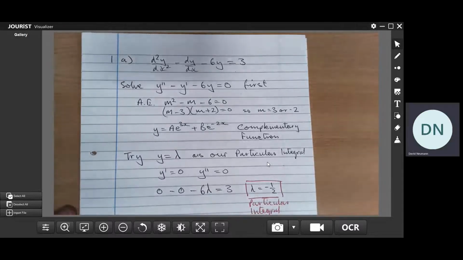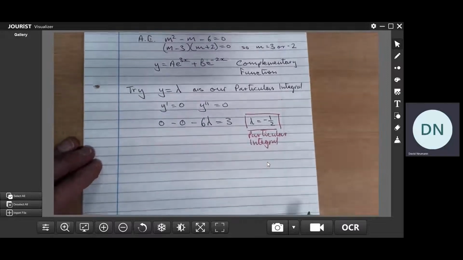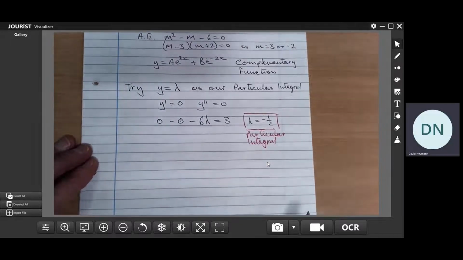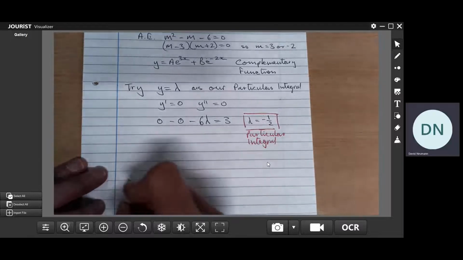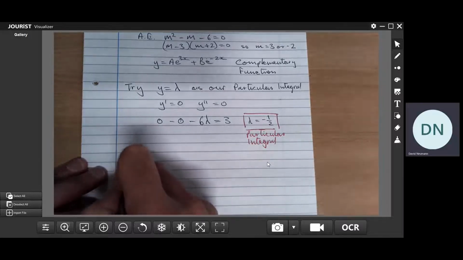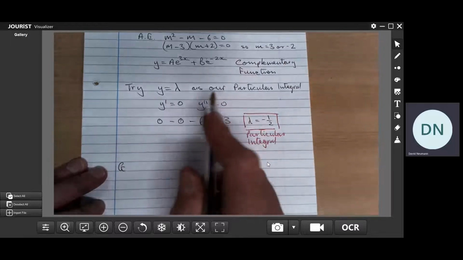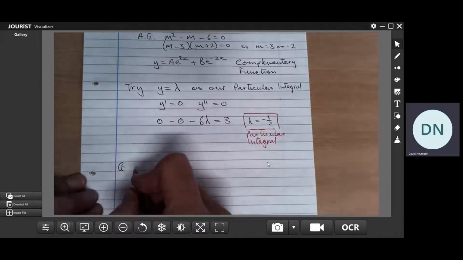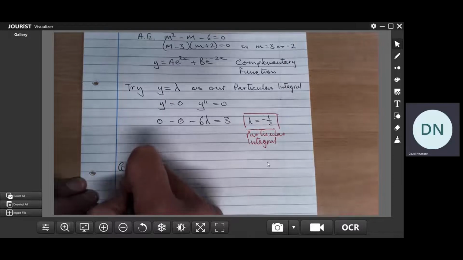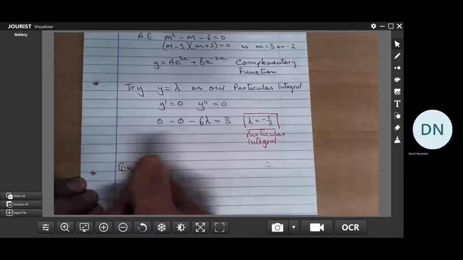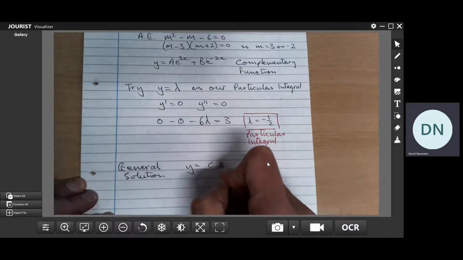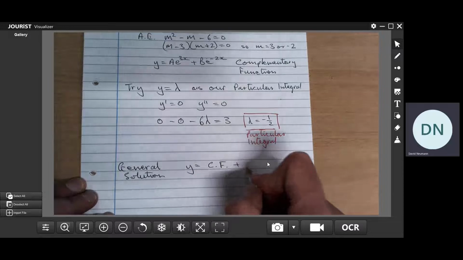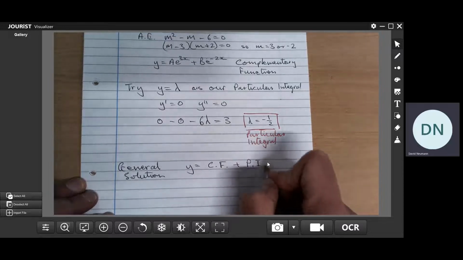Once we've found the particular integral for any differential equation, the general solution is going to be adding together these two things, the complementary function and the particular integral. So the general solution is y equals the complementary function plus the particular integral.